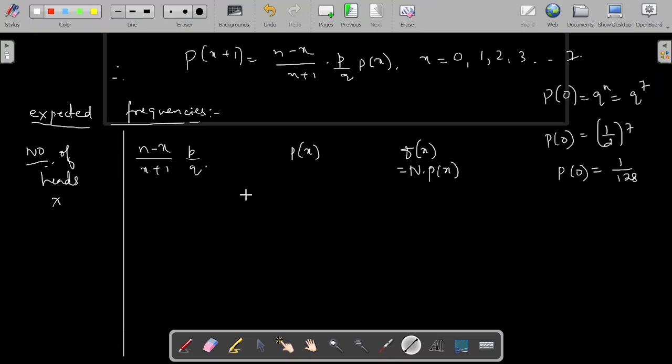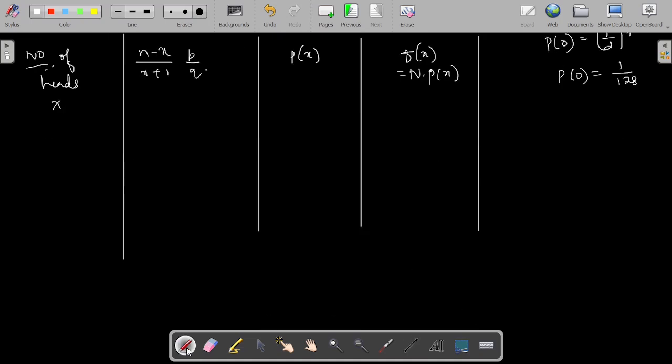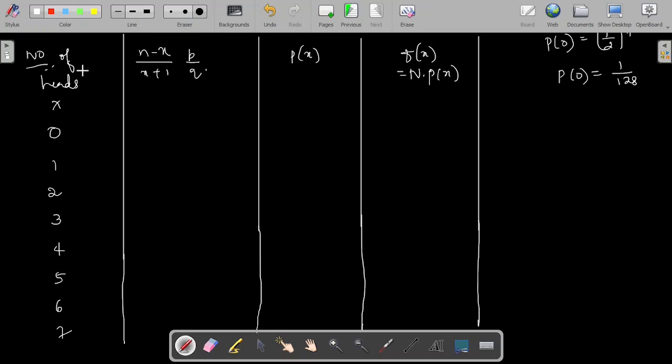So four columns you have now. Okay, let us find out one by one. How many values does x take? 0, 1, 2, and so on up to 7. Now let us find the value of this expression. It simplifies as (7 minus x) by (x plus 1) into p by q.